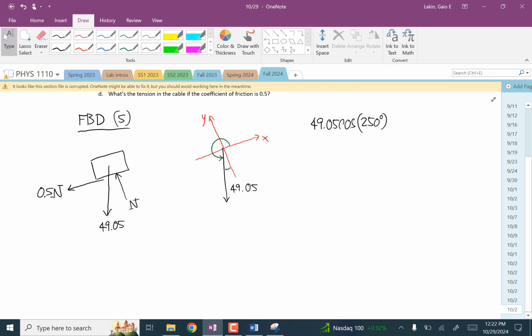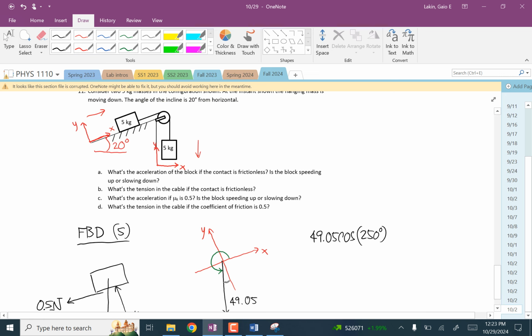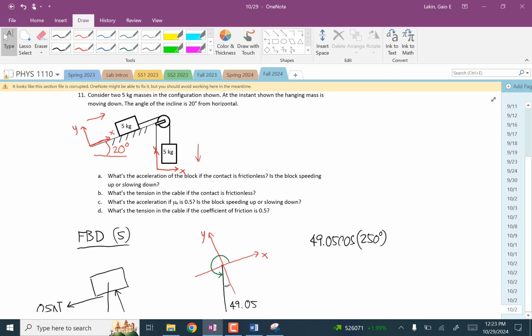Why would it not go all the way down to the line that says 20? Why would it not go more, basically?